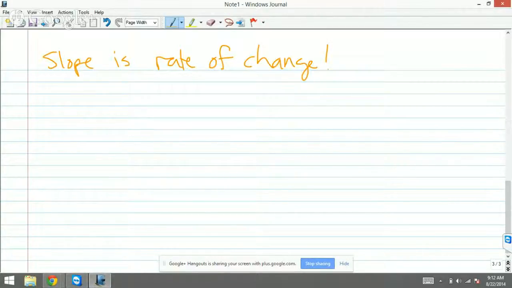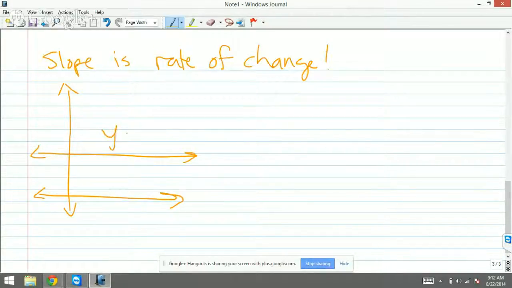Okay, types of slope. Do I need to go over positive, negative, 0, and undefined? I do want to address those actually, just in case. Be real quick here. So a horizontal line, remember, has a y equals a number equation.